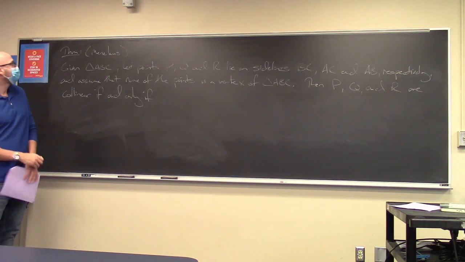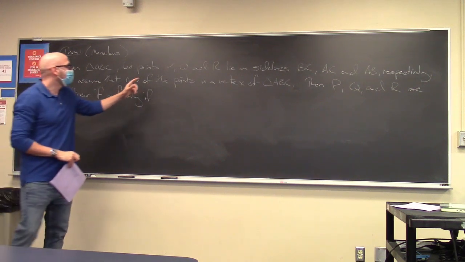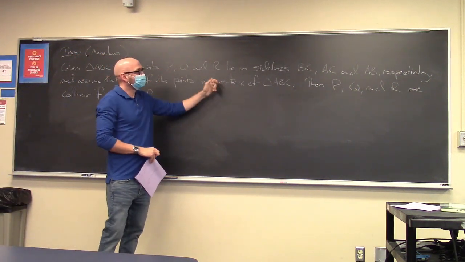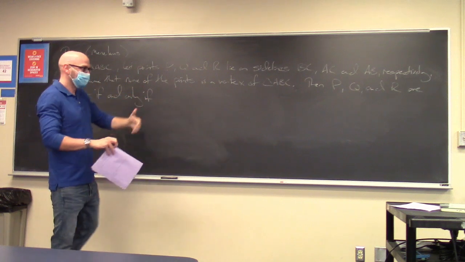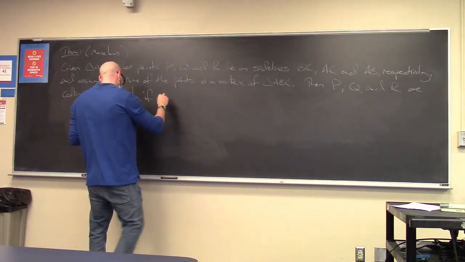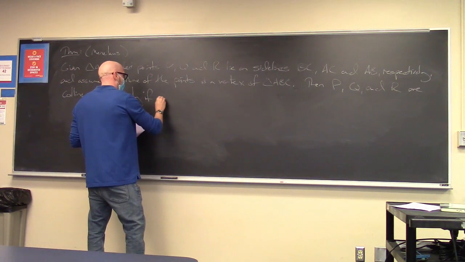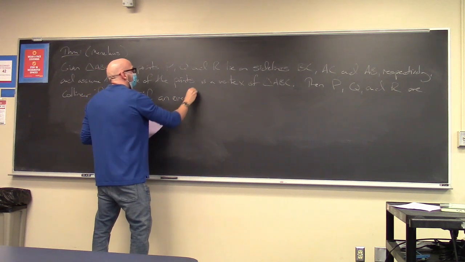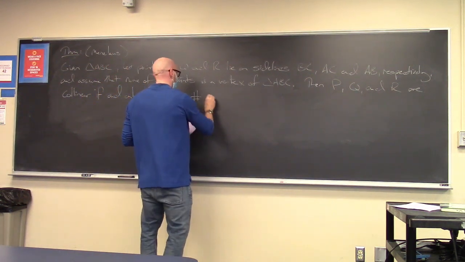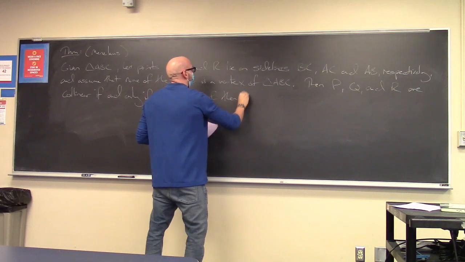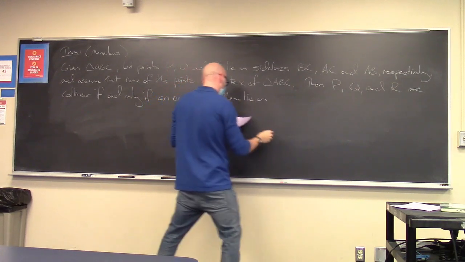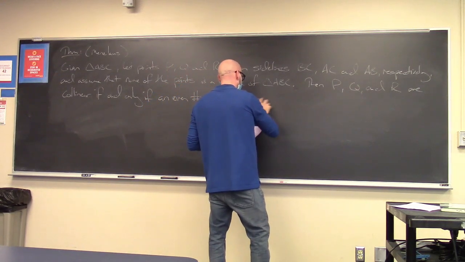Here we've got the opposite: if and only if an even number of these points lie on the actual sides of the triangle, corresponding to interior Cevians. So if and only if an even number of them lie on the actual sides of the triangle.